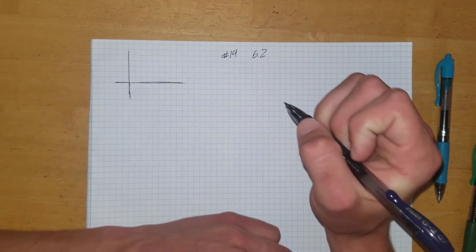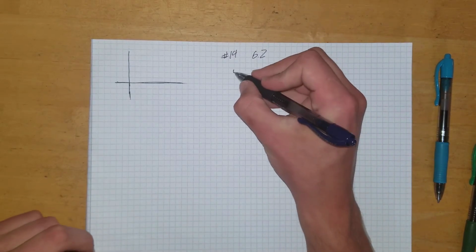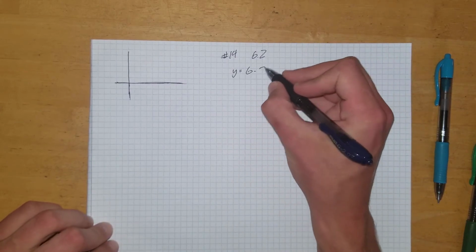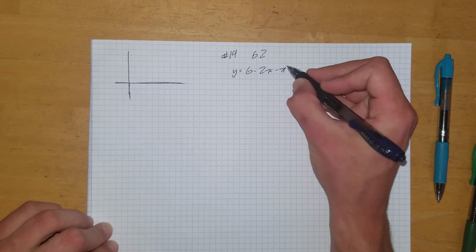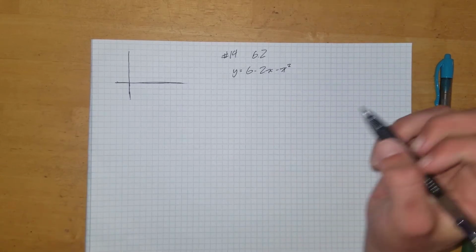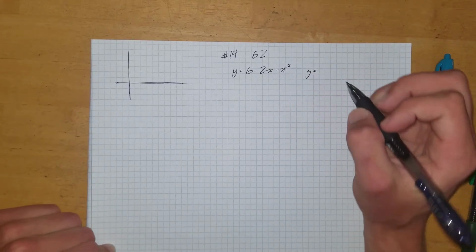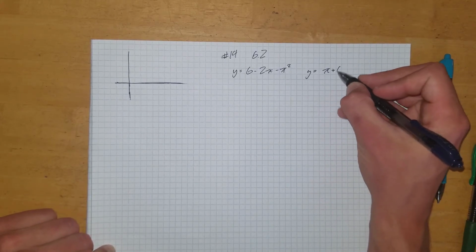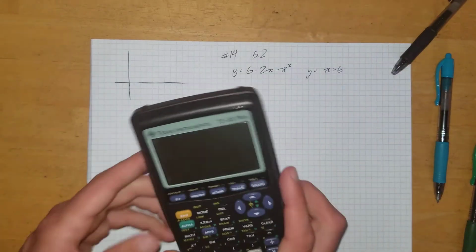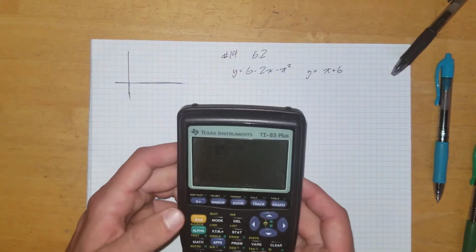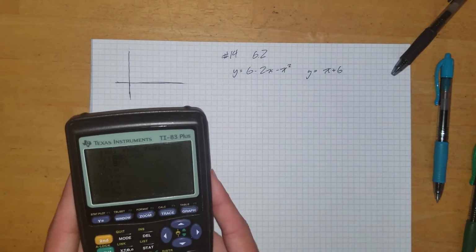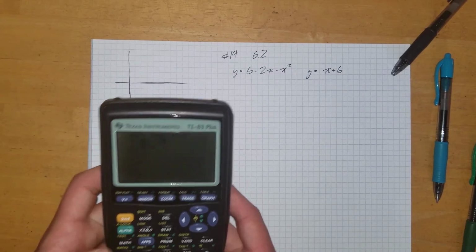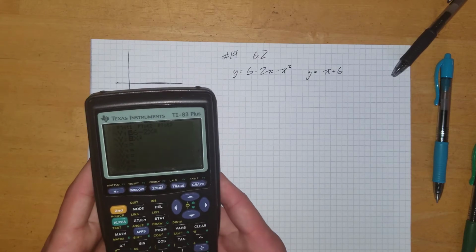6.2, and we are given y equals 6 minus 2x minus x squared, and another y equals x plus 6. So I'm actually going to just plug this into the calculator to help me visualize what this is going to look like.